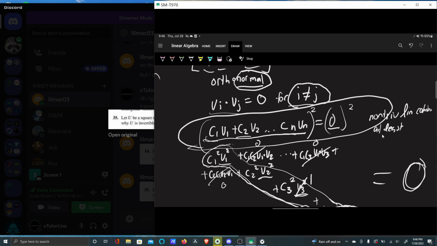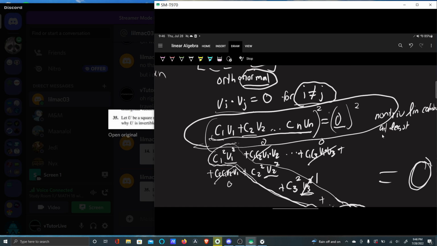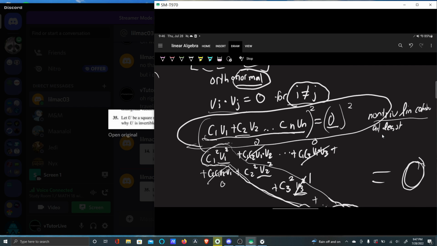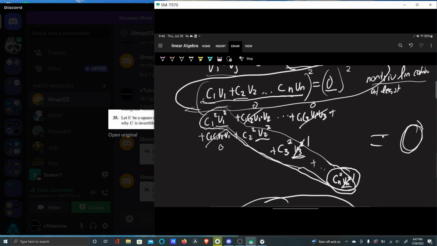So I know that we're kind of shifting the logic around a little bit, but I'm trying to prove that this equality is not true. And to do that, I start by assuming that it is true, that there is a non-trivial linear combination that achieves equality. Then I need to show that this results in something absurd.